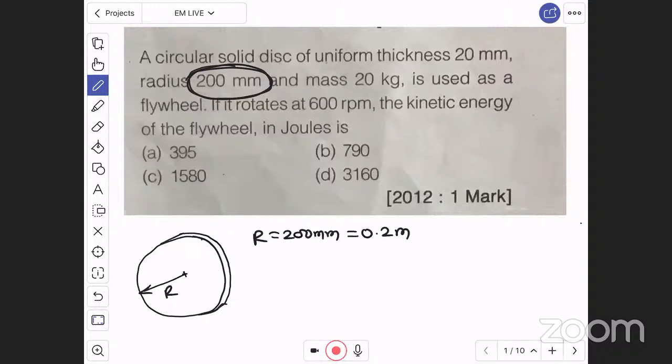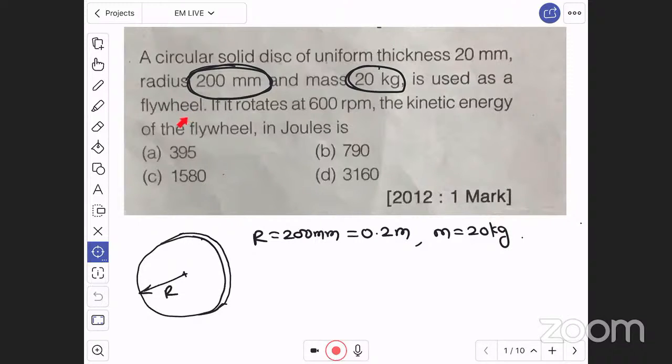After that, in question, mass 20 kg. Mass is also given. Therefore, we can write M is equal to 20 kg. Then it is used as flywheel. इसी डिस्क को उन्होंने फ्लाईव्हील जैसा यूज किया है.